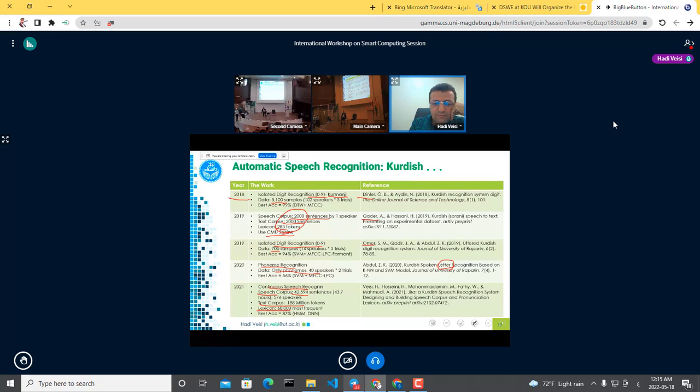This work, as you can see, uses both the classical hidden Markov model and new deep neural networks for modeling the Kurdish speech and receives this accuracy.